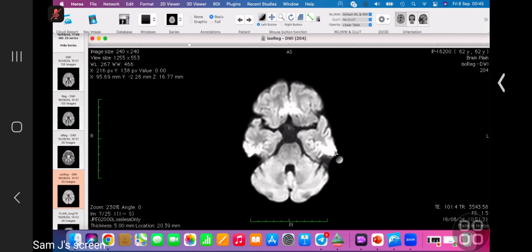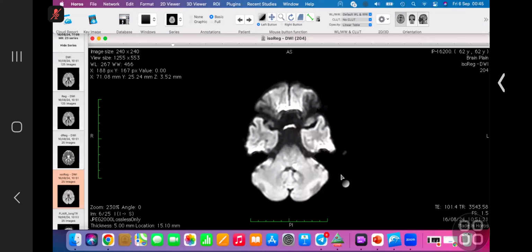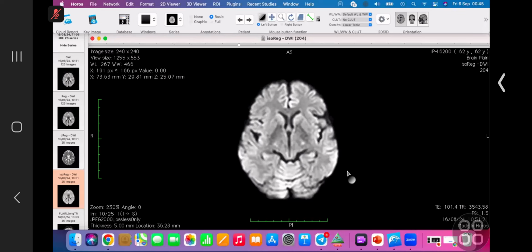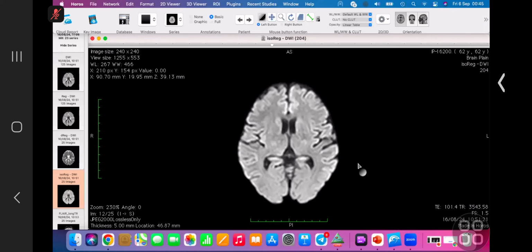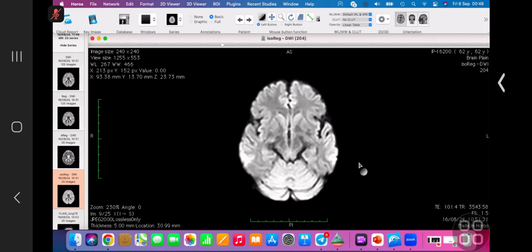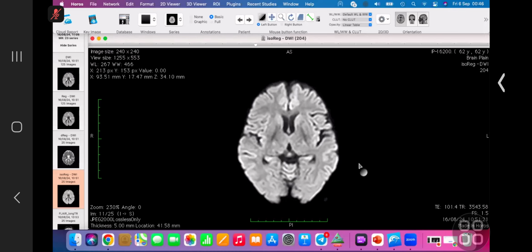I think there is some increased signal at the cortex here, but it's due to artifact. In my routine practice, I would window the image. Other than that, I'm suspecting some increased signal with loss of volume of both caudate heads, bilaterally.